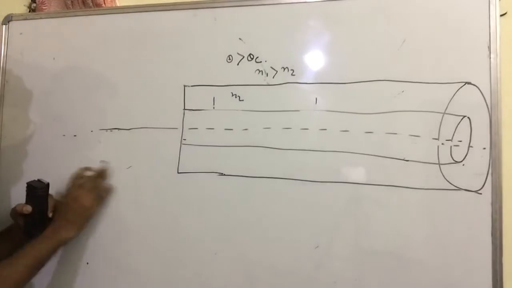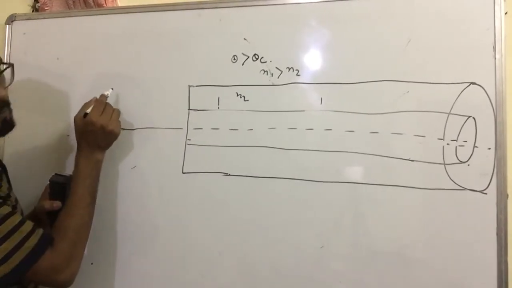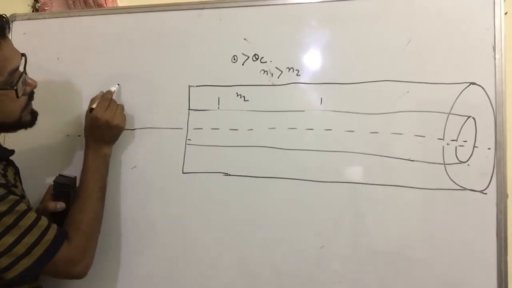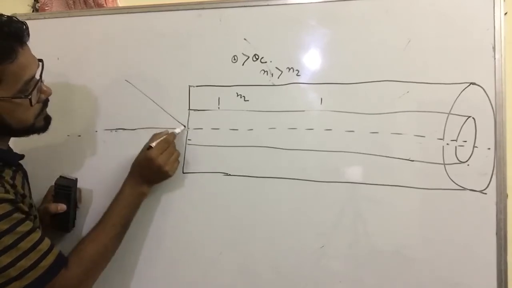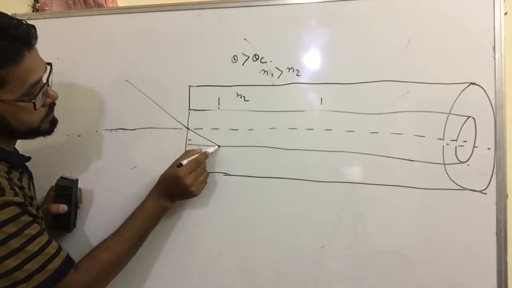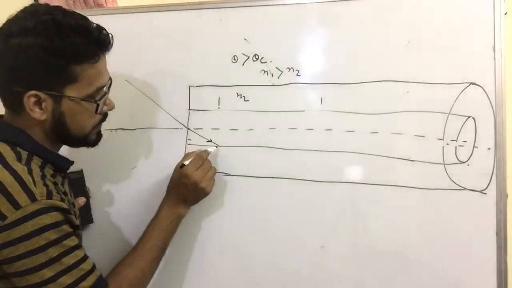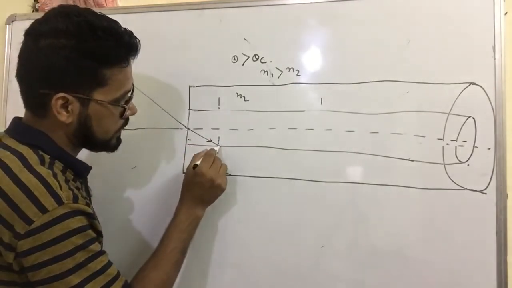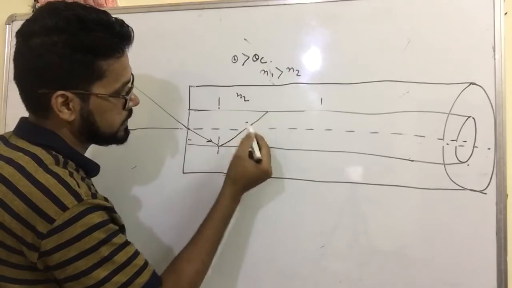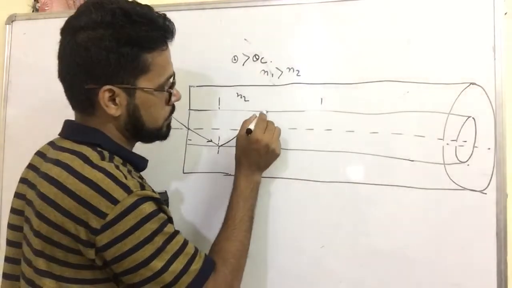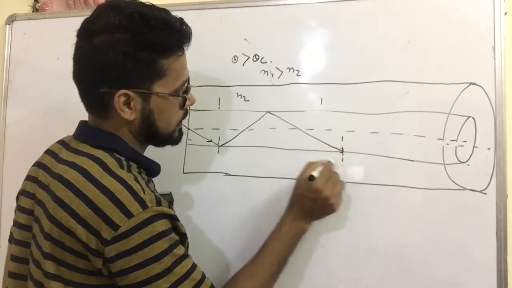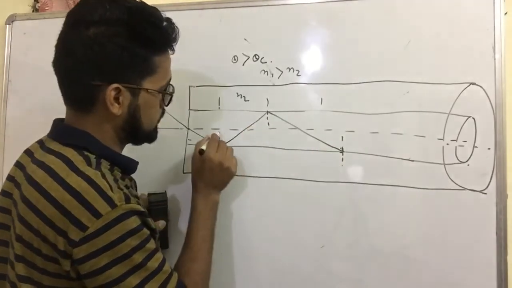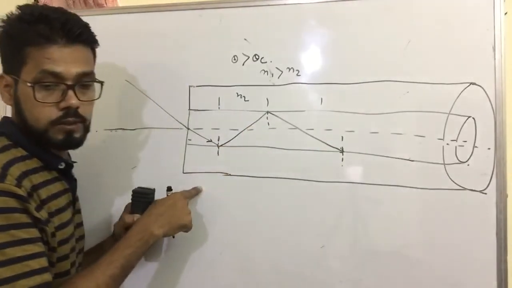Now you see, at a specific angle, I am sending a ray here. Total internal reflection takes place here. Then it will move to here, like that. Total internal reflection, this is the internal reflection taking place. Okay.